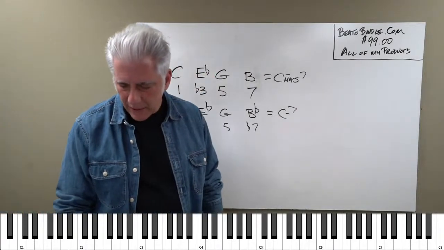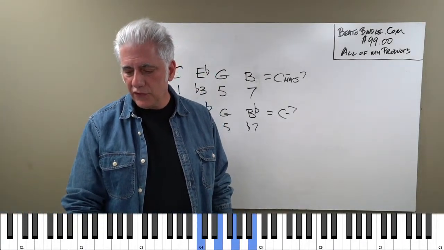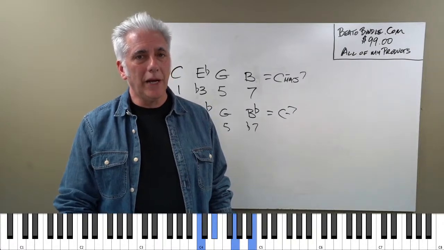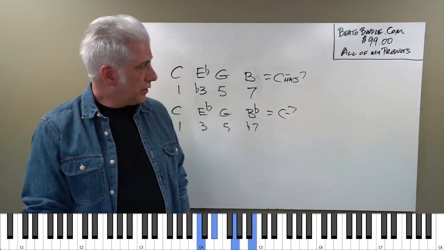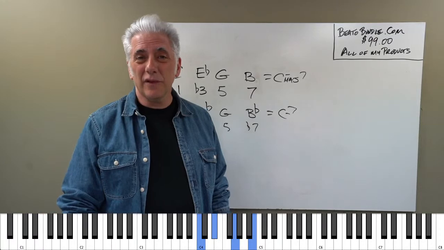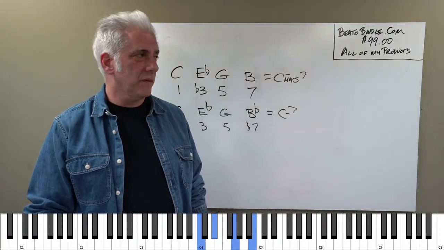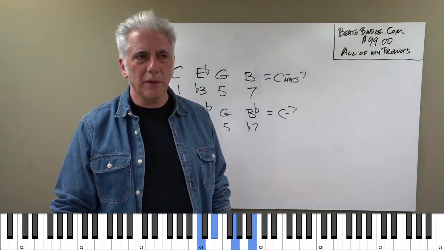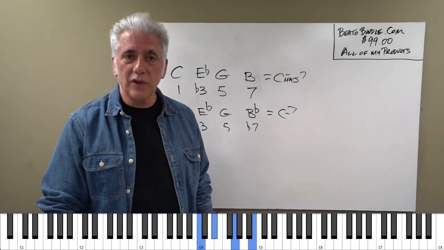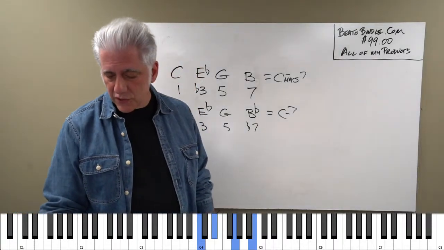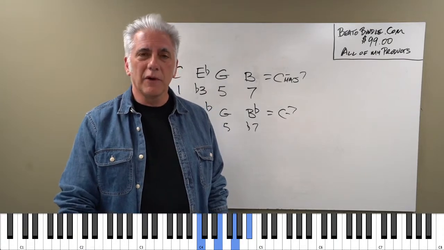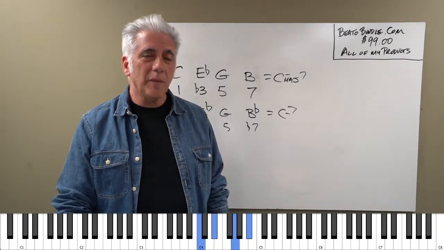So here's C major 7. This is C minor major 7. You'll actually hear that in songs like Stairway to Heaven. It has minor major 7th chords in it, or tons of songs. Something by the Beatles. Very common in the 60s and 70s. Here's C7. I'm going to flat the 3rd, C minor 7.